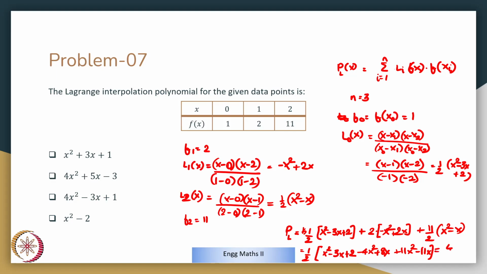So this is 4x square. About the x term, you have minus 3 minus 11, so minus 14 plus 8, which is minus 6 by 2. So minus 3x and plus 1. So 4x square minus 3x plus 1 is our interpolating polynomial, which is given in option C.